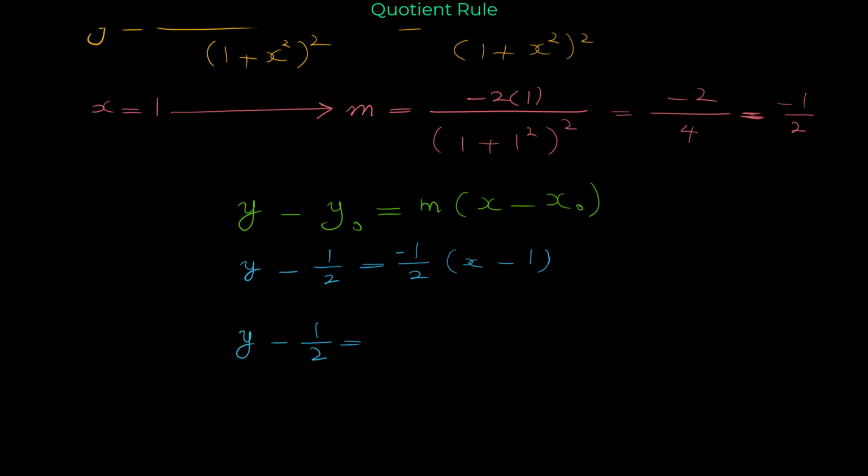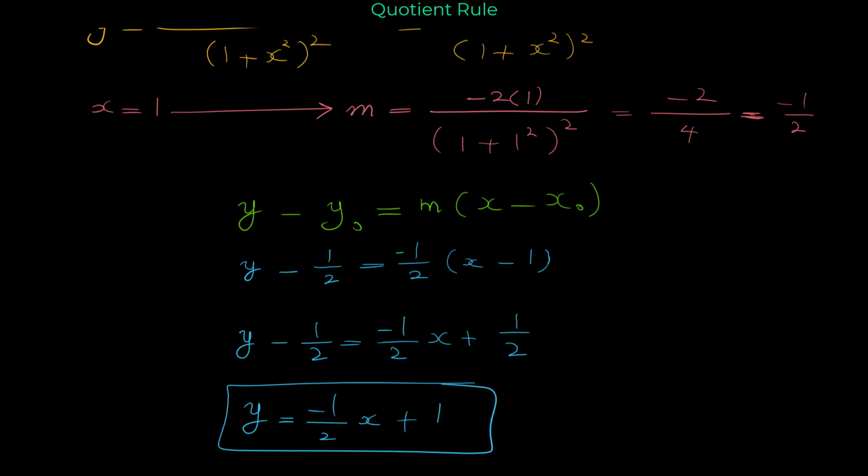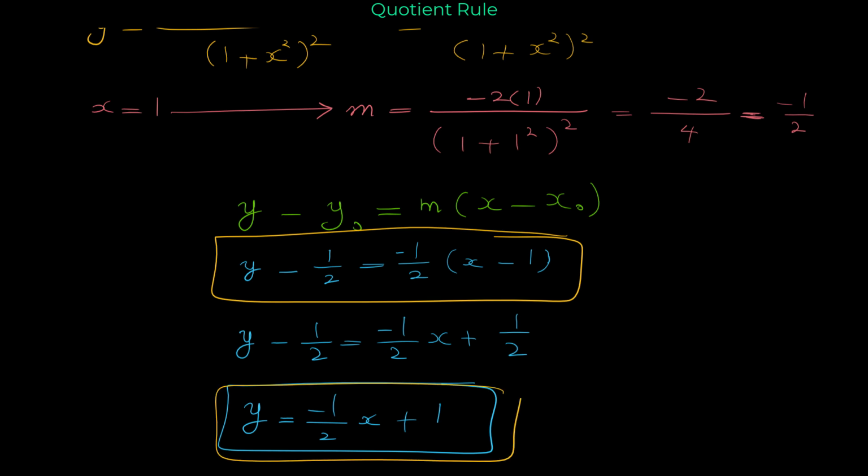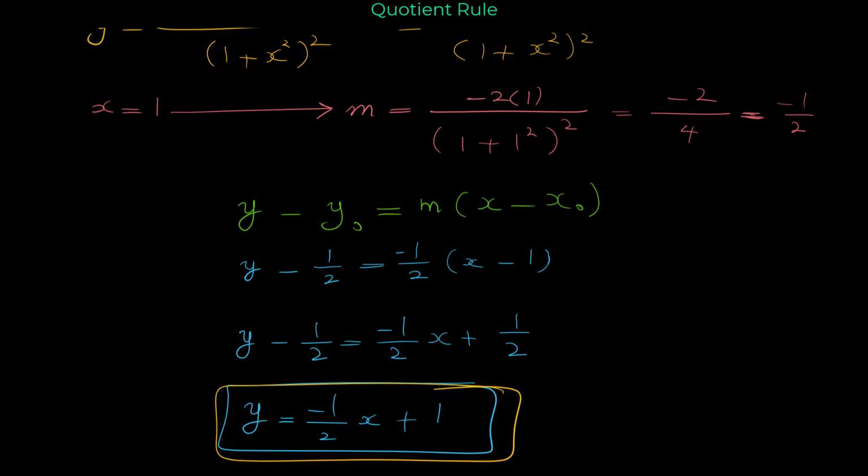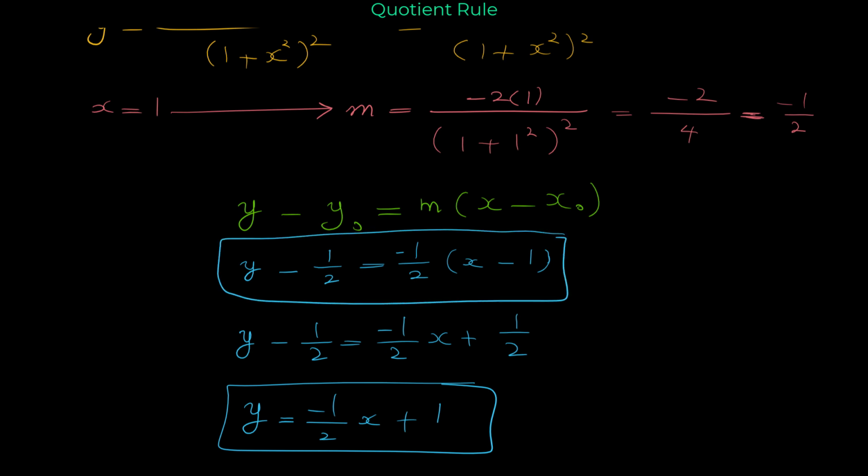If you multiply negative 1/2 in the bracket, we have negative 1/2 x plus 1/2. If we add 1/2 to both sides, finally we get y equals negative 1/2 x plus 1/2 plus 1/2, which is 2 over 2 or 1. So it's up to you to write the equation of tangent line in this form or in this form. Both of them are acceptable. It's completely up to you which form you prefer.